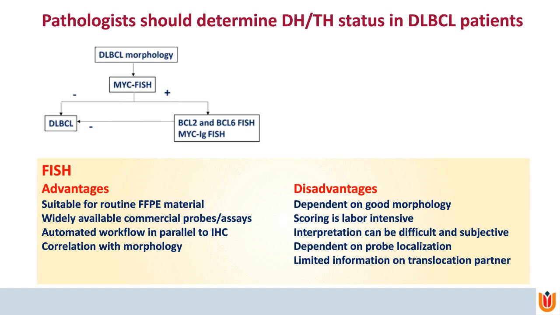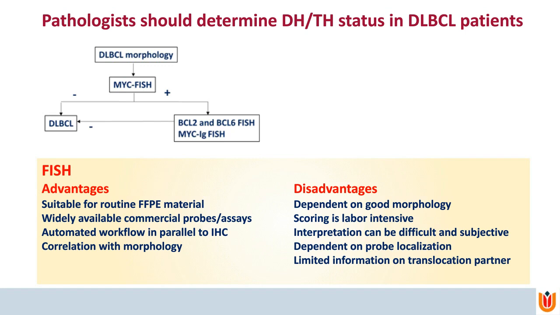That has advantages because it's suitable for our routine formalin-fixed paraffin-embedded material. It's widely available with commercial probe sets and assays readily available. We can implement it in our normal automated workflow in parallel to immunohistochemistry using the same machines. And we have the correlation to morphology that obviously pathologists like very much.